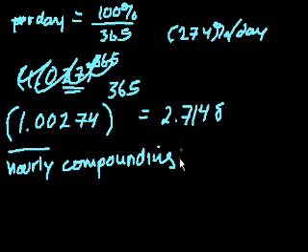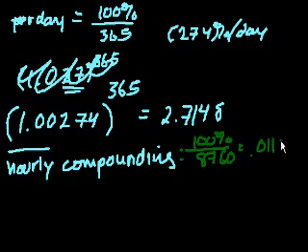But let's see. Hourly compounding, I will charge you 100% divided by the number of hours in a year, which equals 0.0114% per hour.